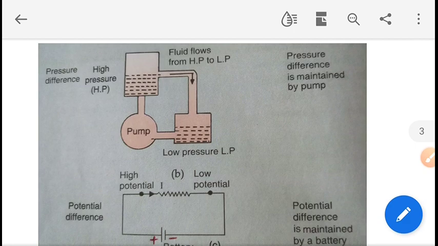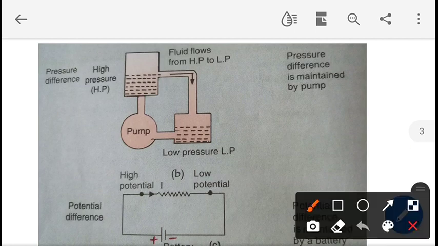And what I have done here, if you see there is a pump, this pump is pushing the water upside, and the water at this point is at high pressure, and then it comes to low pressure here, and the pump is continuously pushing the water upside, and in this way continuous flow of water is maintained by a pump.